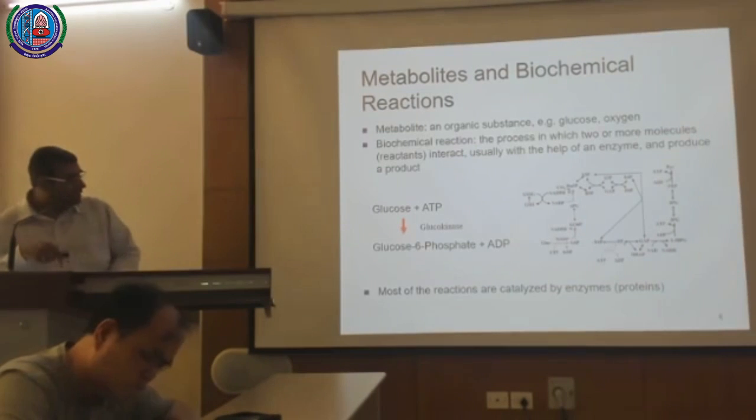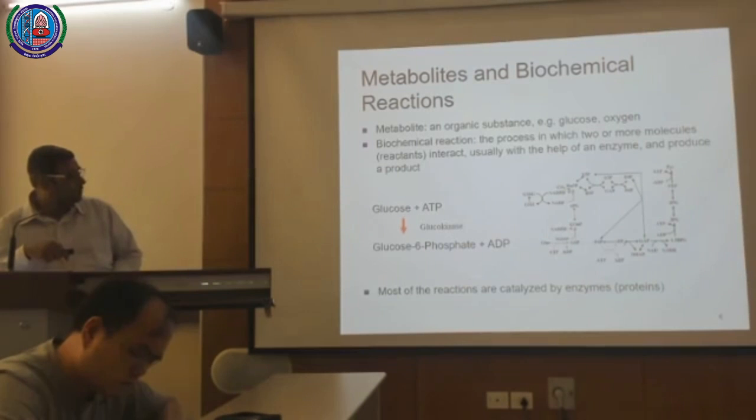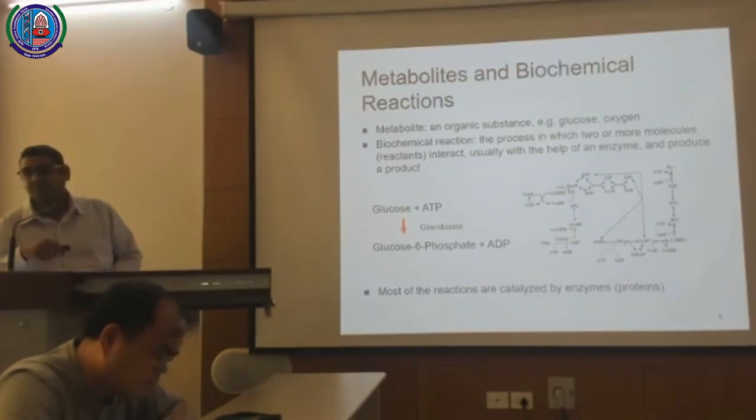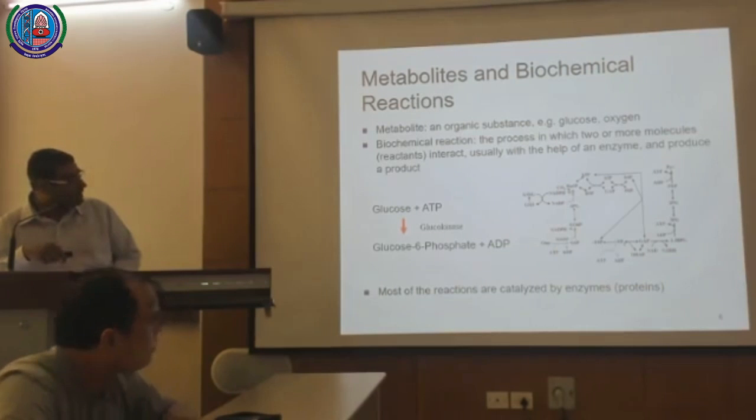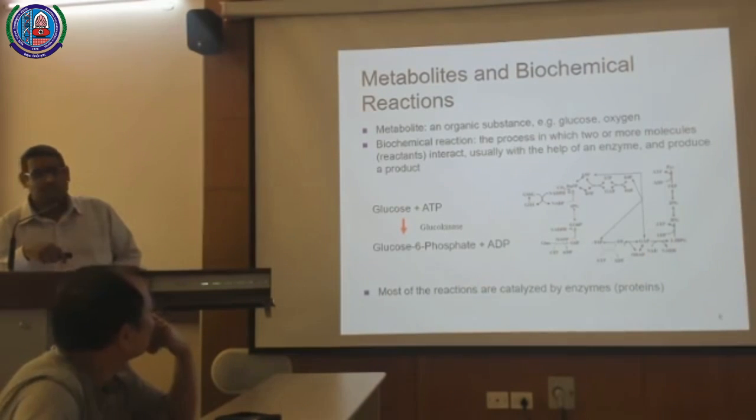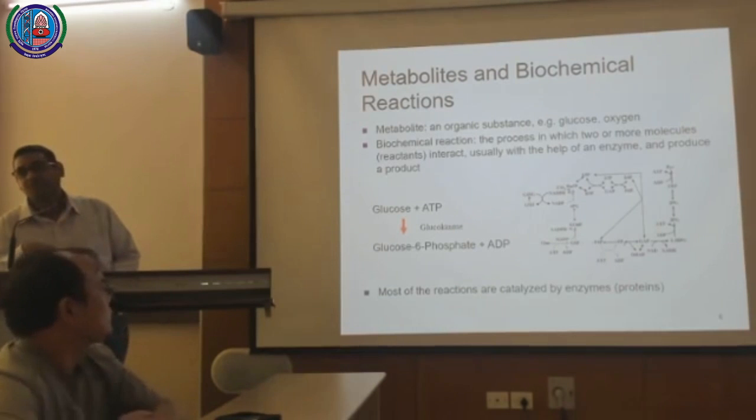This is very simple: glucose plus ATP gives you glucose 6-phosphate plus ADP. But how it happens with the help of glucokinase, how the glucokinase reacts, what the changes are, what type of glucokinase it is, which bacteria or fungi produce it, and why glucose and ATP generate this: these are the questions.